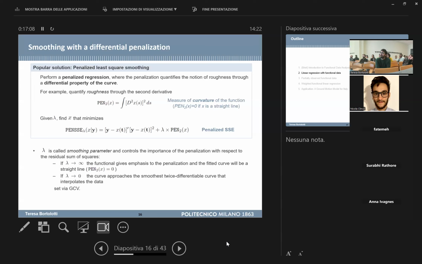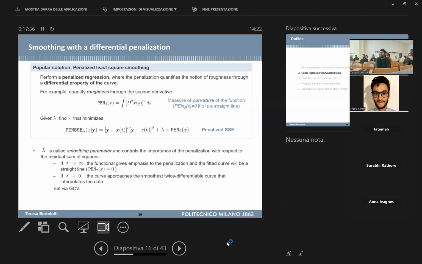And why is this a popular solution? Because there is a result from de Boor in 2002, which tells you that the optimal system of bases that solves this minimization problem is a specific system of bases that is called B-spline, and specifically cubic B-spline.